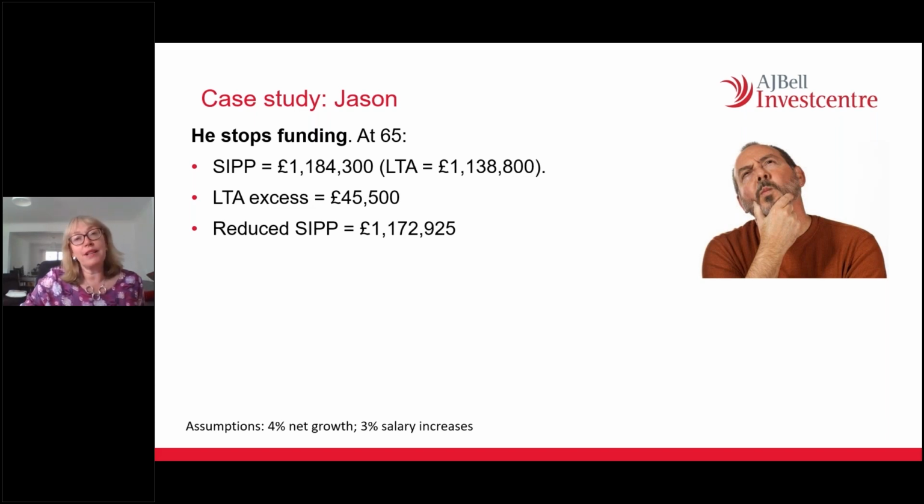You in your own calculations might want to use a different assumption. Now, this is just over my estimated lifetime allowance. As you see, Jason is really quite close to the edge. So Jason does have a charge to pay, and that reduces his SIPP slightly to £1,173,000.